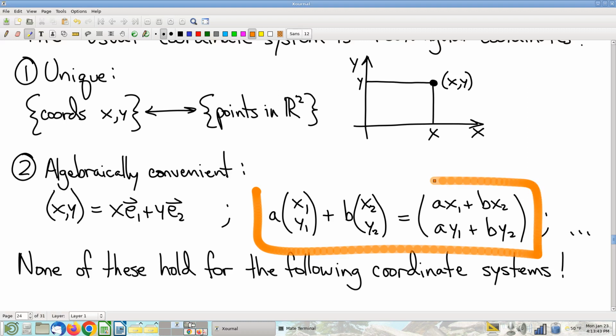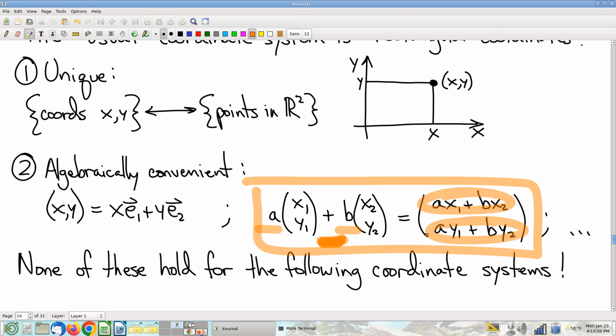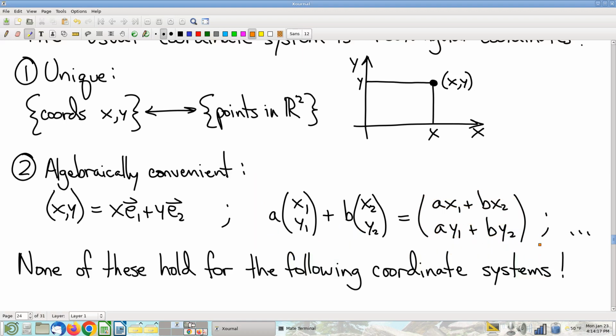If you were doing algebra of vectors, for example, adding scalar multiples, namely taking a linear combination of vectors, you could just take the same linear combination of the coordinates. Super handy. Gotta love it. This, again, is a luxury of rectangular coordinates. The analog of this statement is also not true in polar coordinates, spherical coordinates. It just doesn't work. So that is unfortunate. And again, we're just going to have to deal with not having this feature.